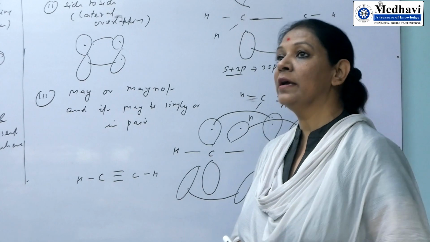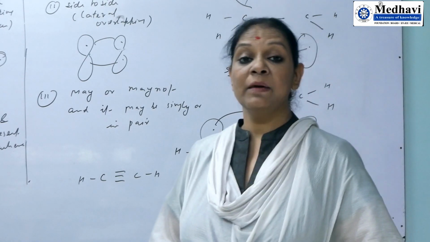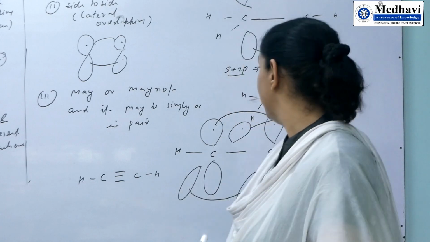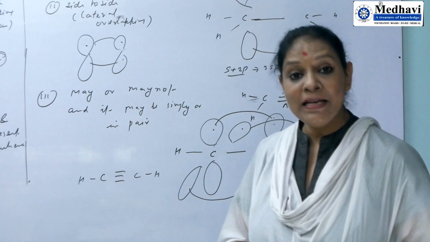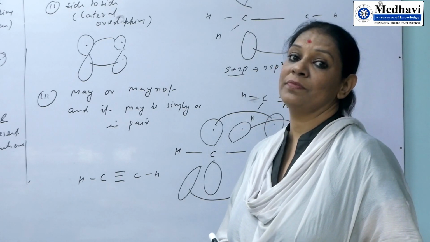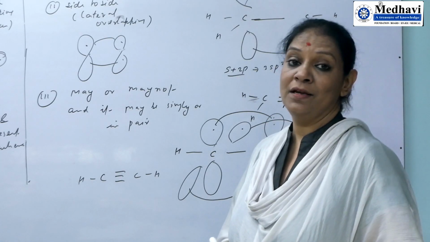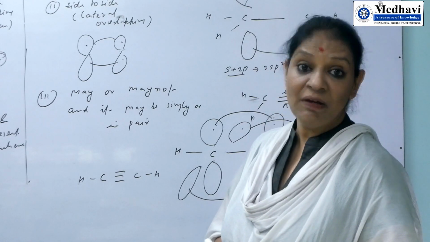So if you compare carbon in methane, carbon in ethene and carbon in ethine, then you find that in methane all the 4 orbitals are used, 1s and 3p. So 4 bonds will develop. All the 4 bonds are single bonds, that is sigma bonds.